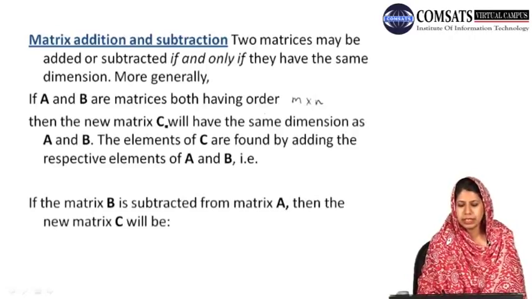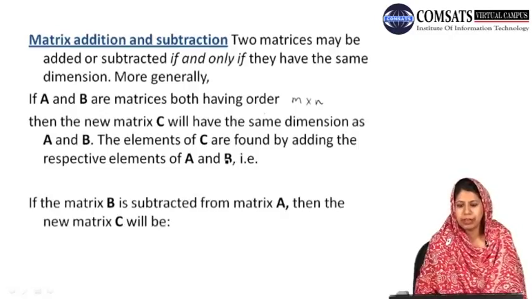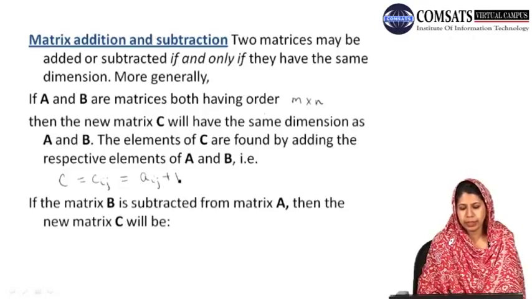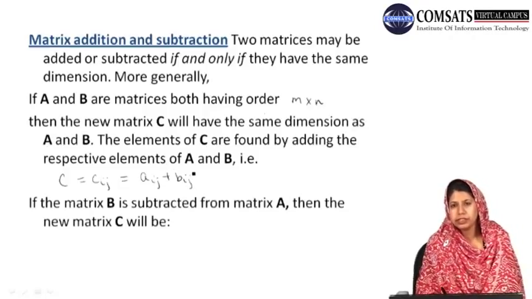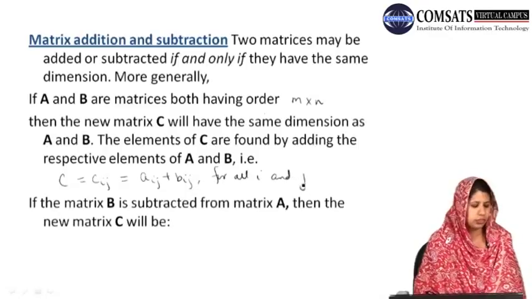Then the new matrix C will have the same dimension as the matrices A and B, and C will be found by adding the respective elements of A and B. That is, the matrix C having entries Cij will be nothing but adding the respective entries of A with the respective entries of B. For this reason, we need the same order of the matrices to be added together, and for all i and j.